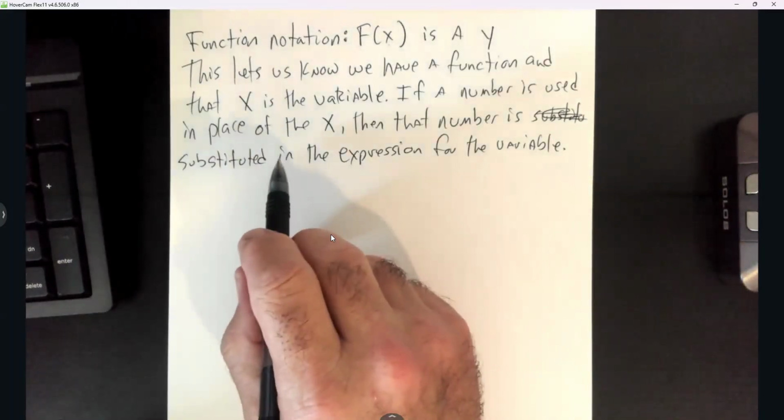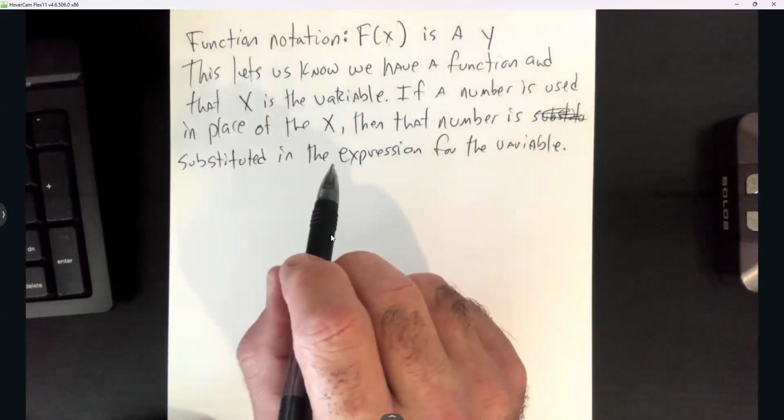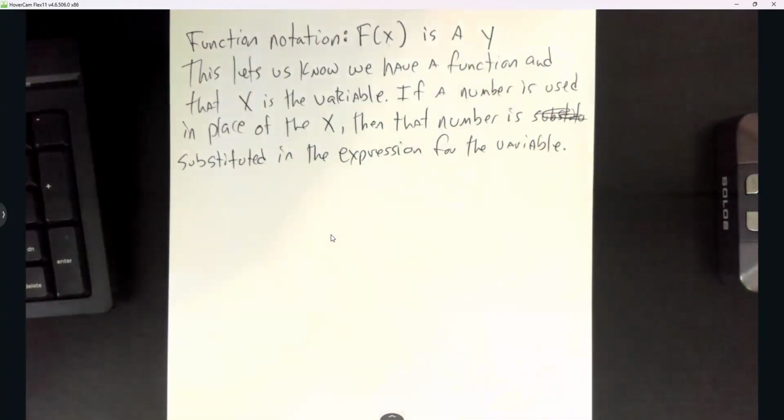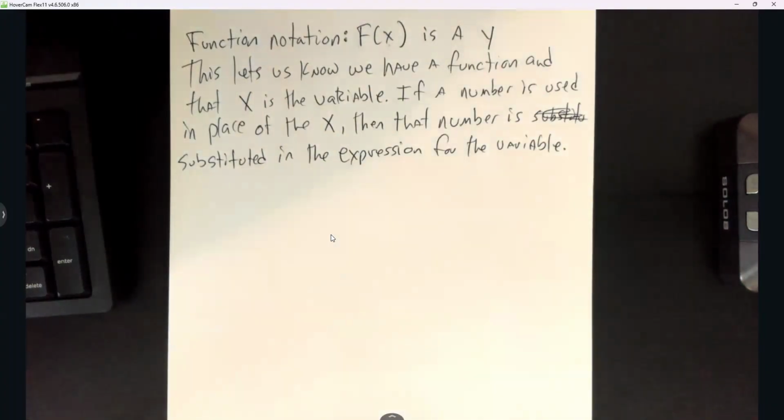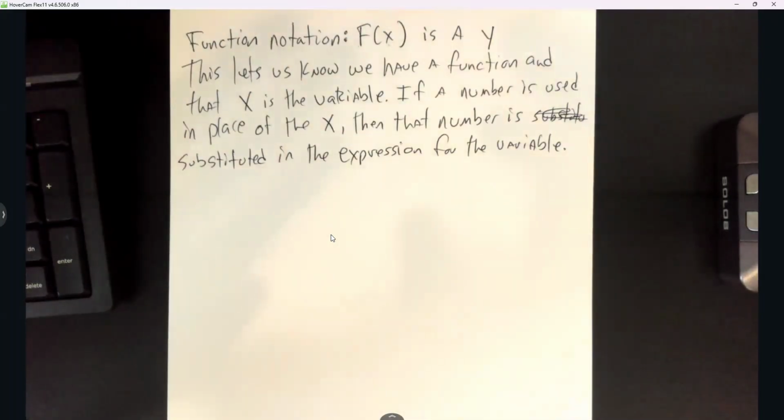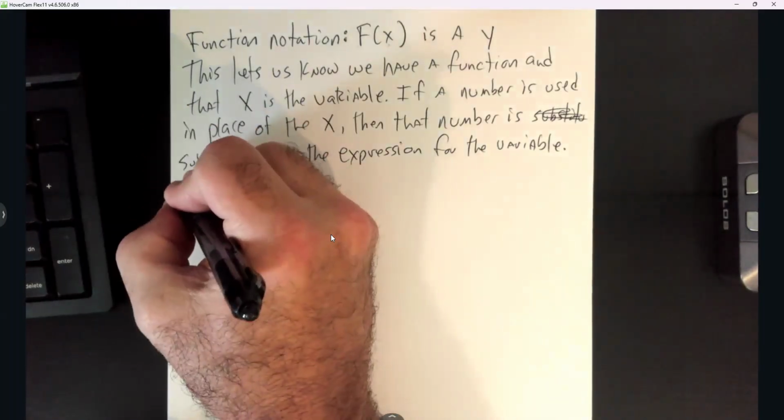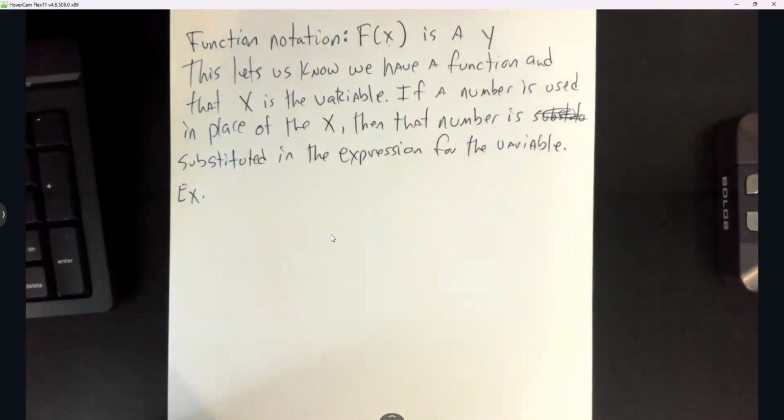So what I mean, if they give me a function and they say f of 2, then that means I'm going to put a 2 in for all the x values in that expression, and then I'm going to evaluate it. Okay? So let's do an example so y'all can sort of see what I'm talking about.